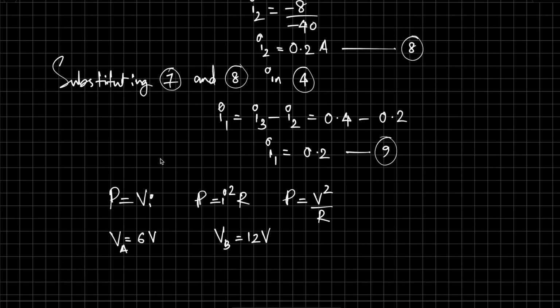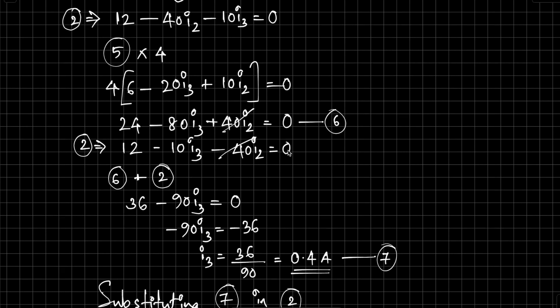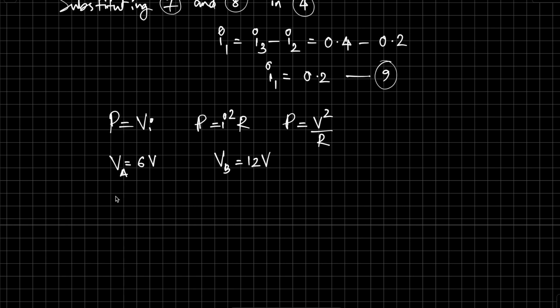And we know the current flowing through them. I1 is the current flowing through VA, and we found I1, which is 0.2 amps, and I2 is the current flowing through VB, which is again 0.2 amps. So IA equals 0.2 amps. IB is also 0.2.